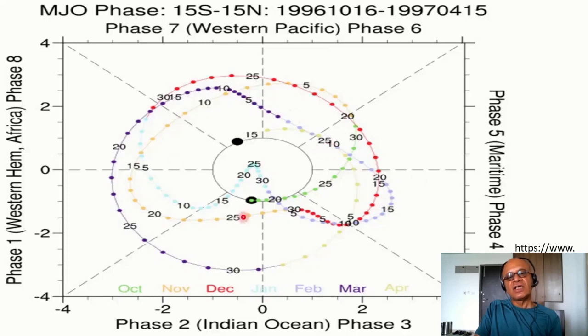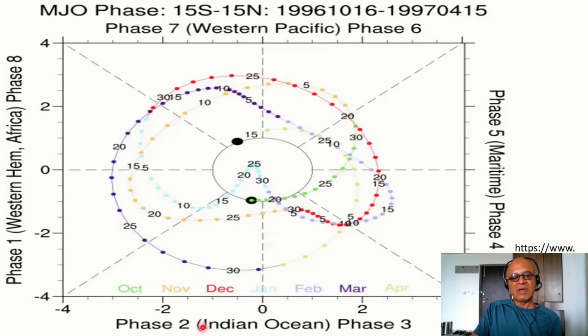So you have this counterclockwise movement. And the general idea is that when the phase transitions are outside this inner circle with unit 1, then the MJO is strong, the signal to noise is high, it's very easily tracked. But when it is inside here, then it's rather weak. And I will just leave it there.